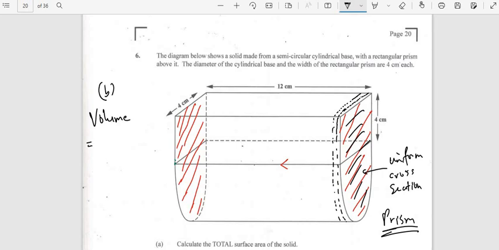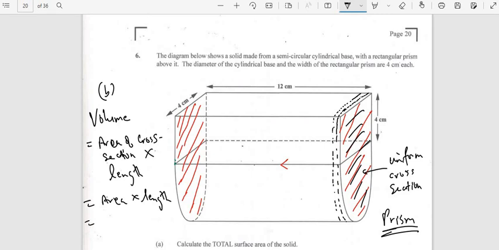Calculate the volume of a prism by multiplying the area of the uniform cross section by the length, in other words, the distance between both uniform cross sections. So the area times length, with area referring to the cross section.